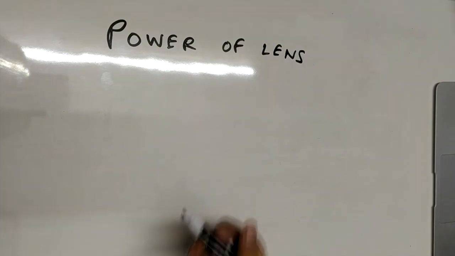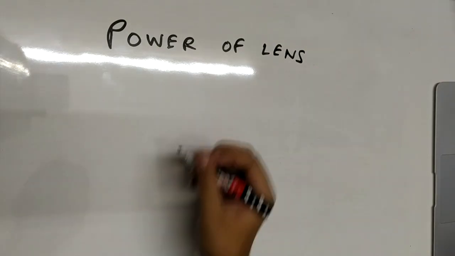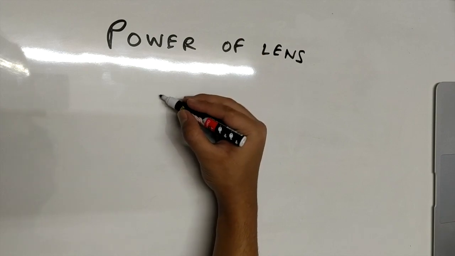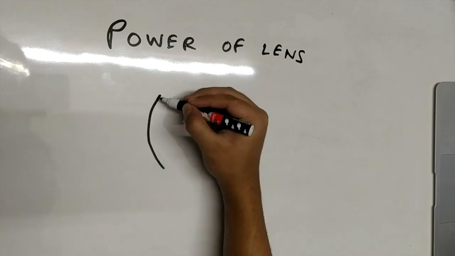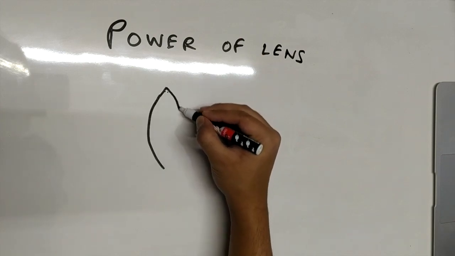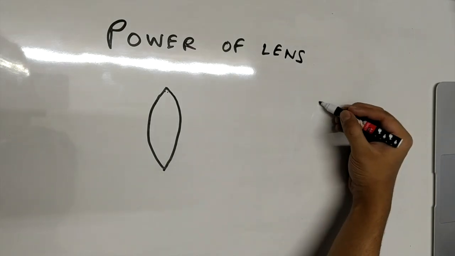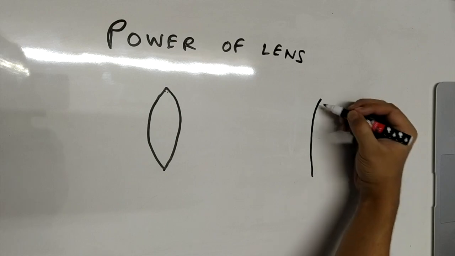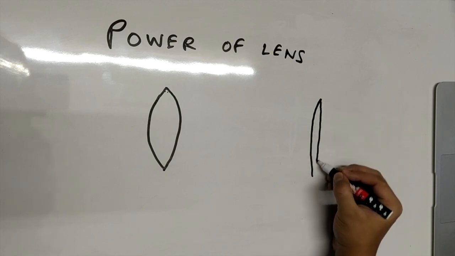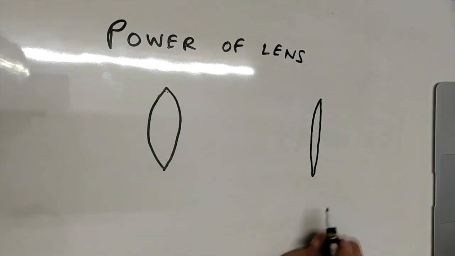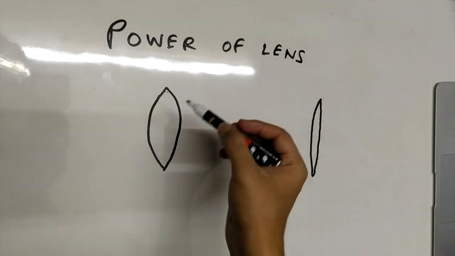So for example, let us take two lenses first of all. One thick lens, and one thin lens, a small lens. Now first of all we have to know where is the center of curvature.